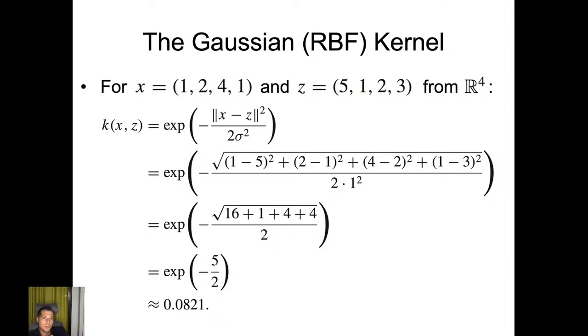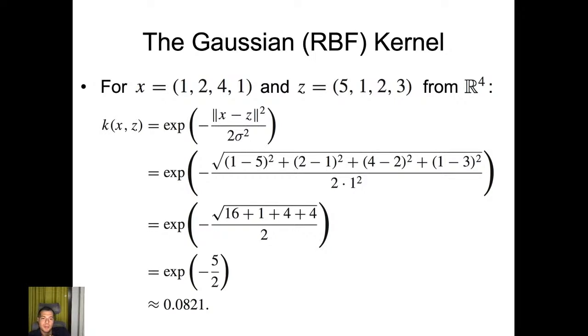We can compute the distance between pairs of points, and then we apply this transformation component-wise. So you have e to the power of minus the distance divided by 2 times sigma, and we obtain a kernel function that we can use with kernel methods.